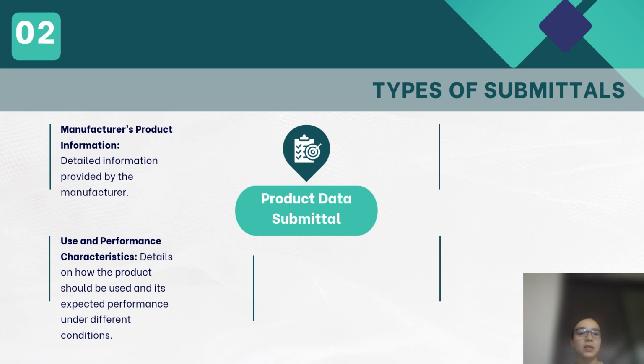The next one is use and performance characteristics. This describes how the product should be used and its expected performance under various conditions, ensuring it meets functional needs.